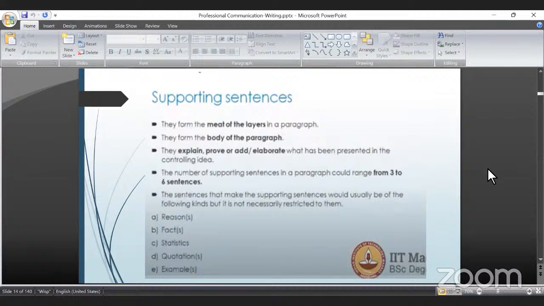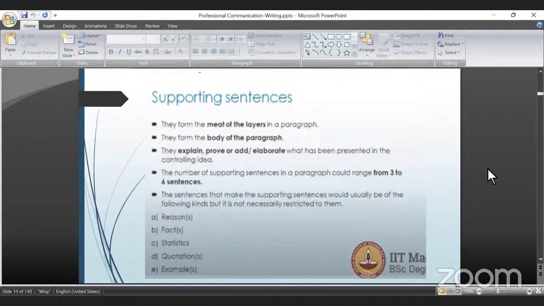More than that could be a little cumbersome on the reader to deal with. So if anybody has a question on how many sentences can I write in a paragraph, then 3 to 6, right?